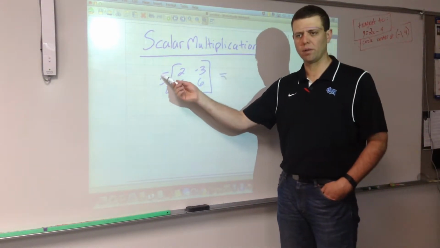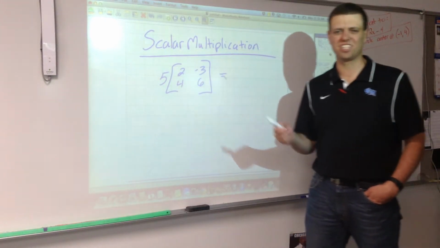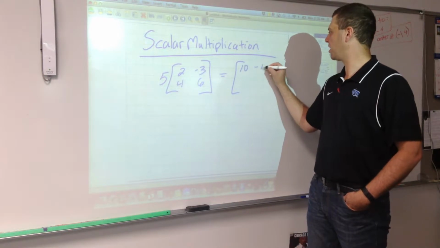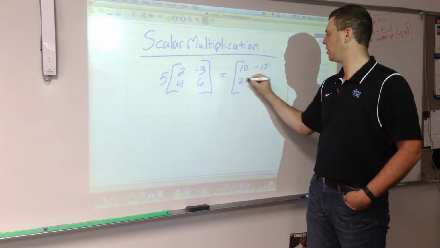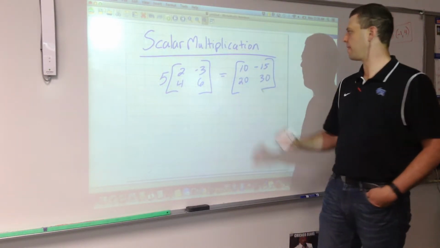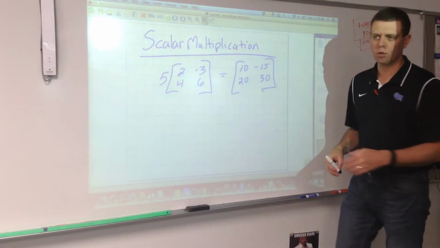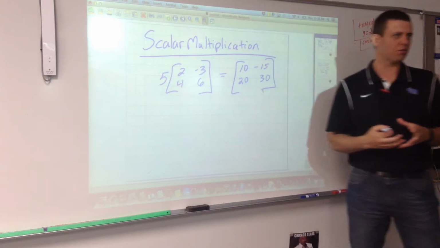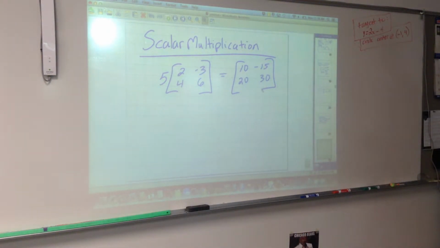You're essentially multiplying this 5 to all of the elements inside that matrix. So 10, negative 15, 20, and 30. That's an example of scalar multiplication. 5 is your scalar. It's the number you're multiplying every element in the matrix by. Pretty simple.